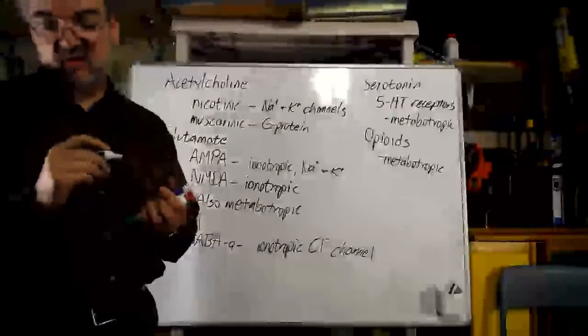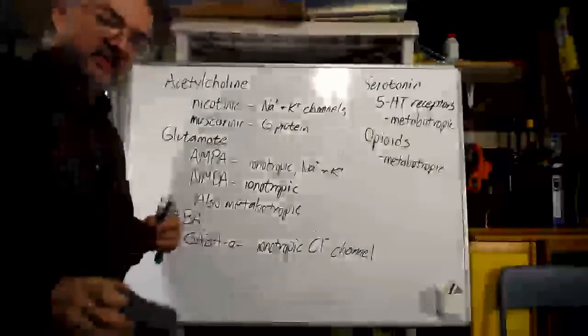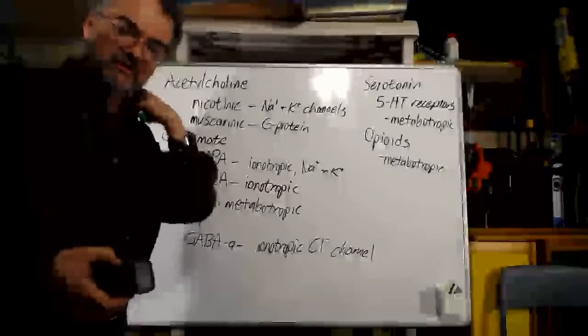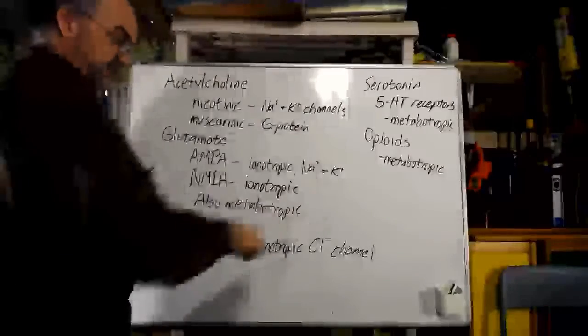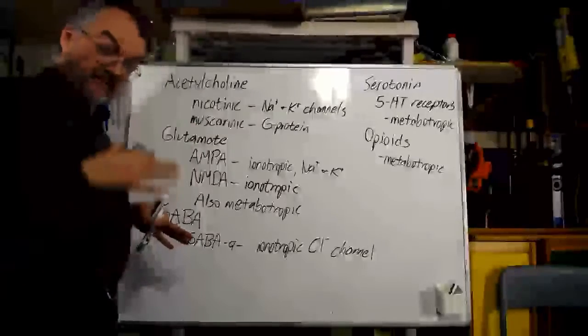Now, let's take one more thing and talk a little bit about some of the terminology we use for postsynaptic responses. So you can pause this to write all this down, and then I'm going to erase it.